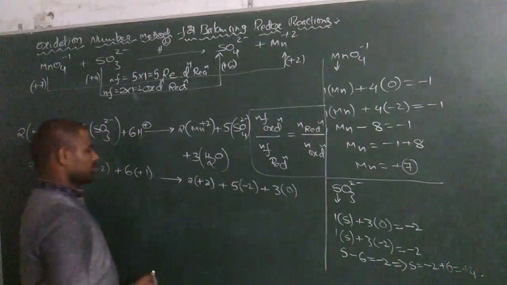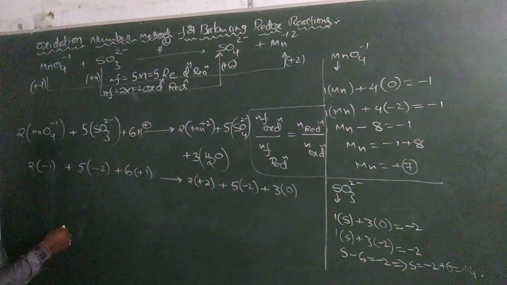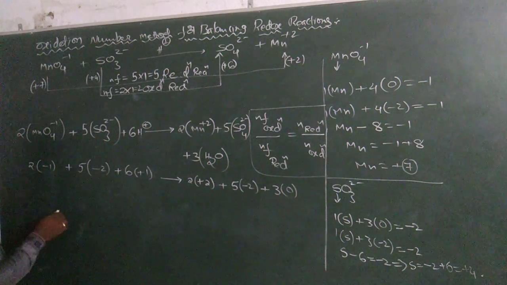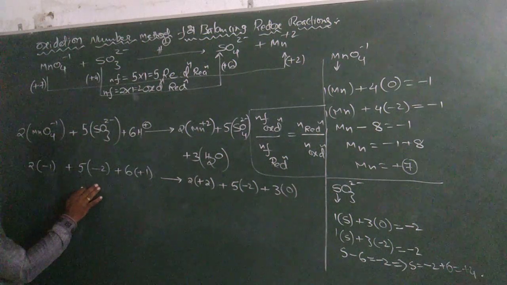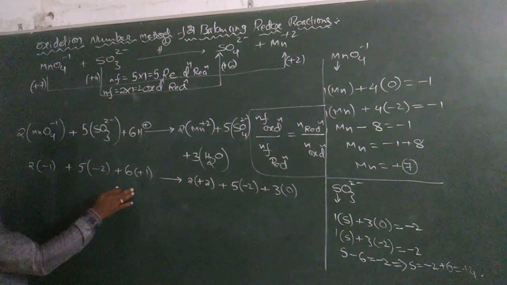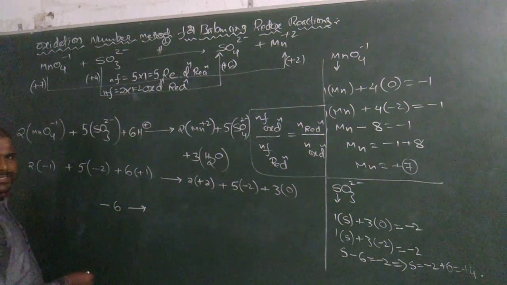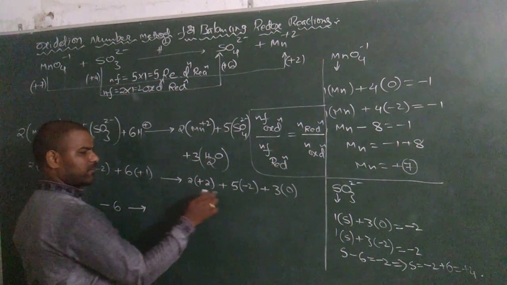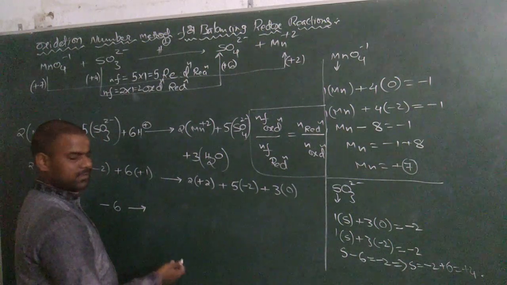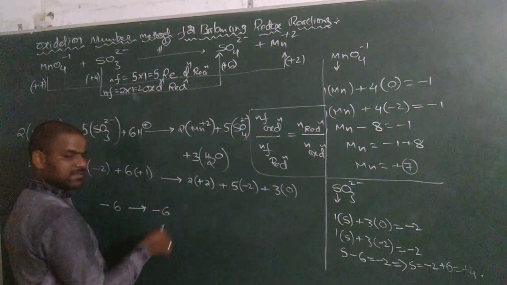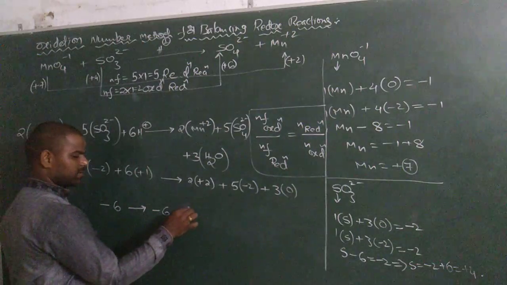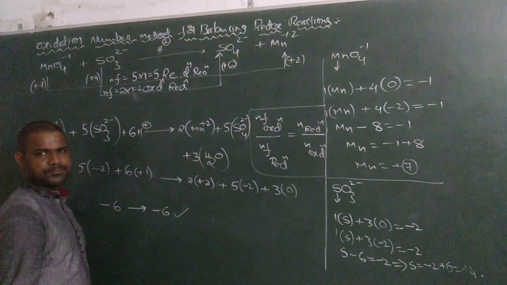When we calculate the reactant side, the charge is -2, -10, -12 plus 6, which means we have a -6 charge in the reactant side. In the product side, +4 and -10, so it is -6 charge. So now the charges are also balanced.